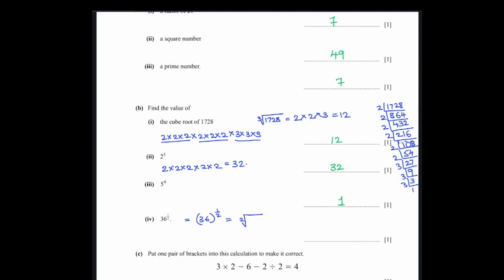So it is the square root of 36 raised to 1. I'll show you the law here: a raised to m by n is the nth root of a raised to m. So I have taken the square root of 36 raised to 1. The square root of 36 is 6. So the answer is 6.